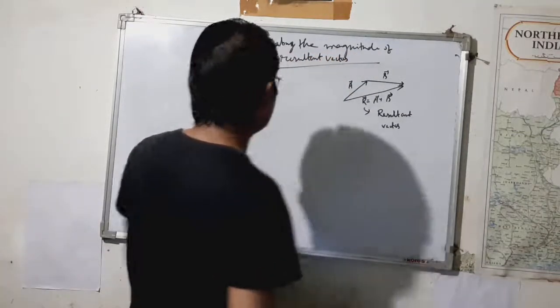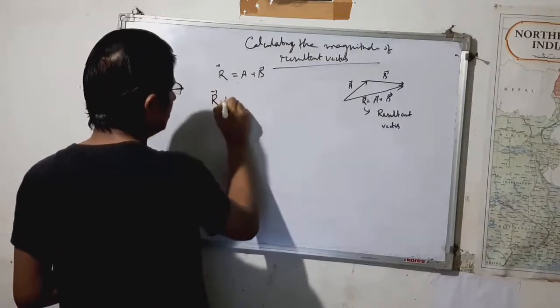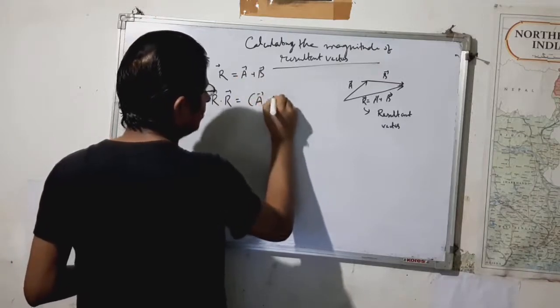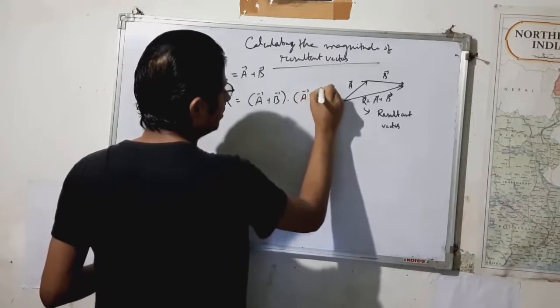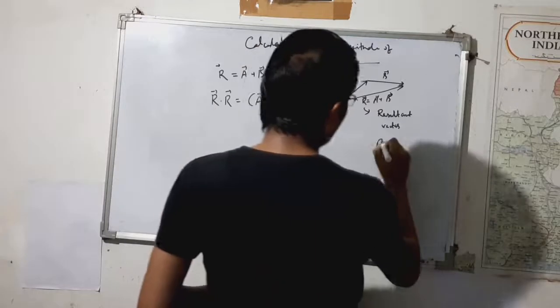So R equal to A plus B. Now R dot R equal to A plus B dot A plus B.